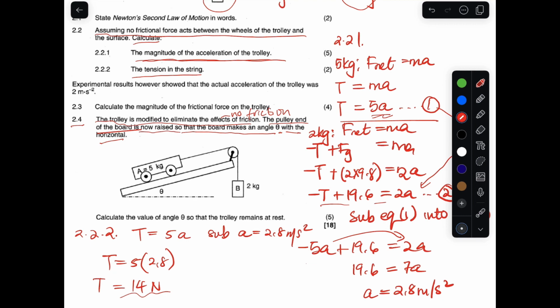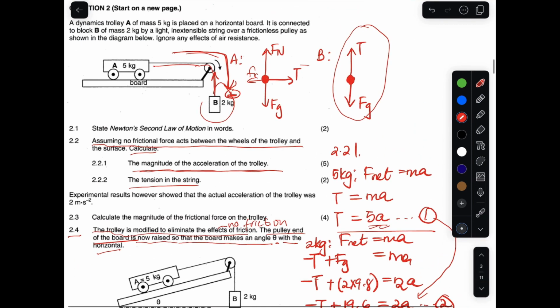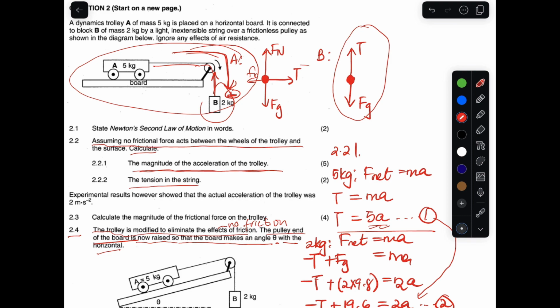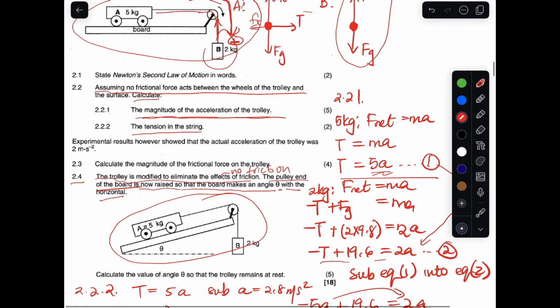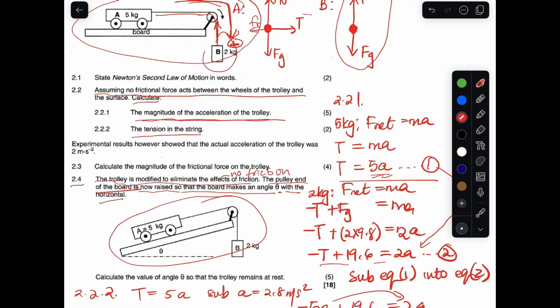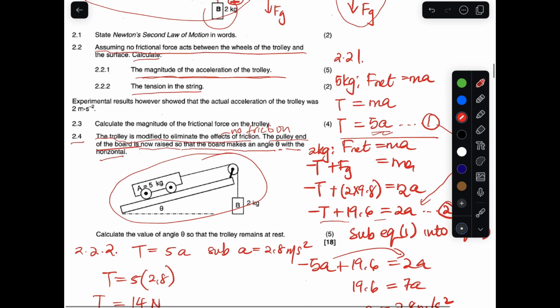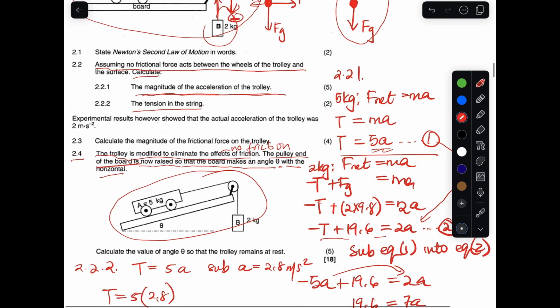Guys, if you see the difference between this and this, now the 5 kg is on an inclined surface, but there's still a pulley, but the pulley now is raised, and the object B is suspended.